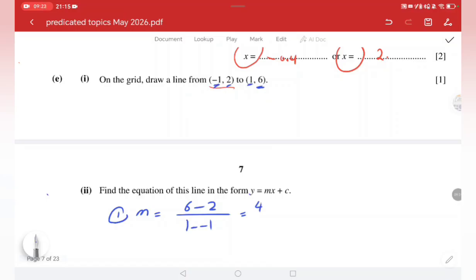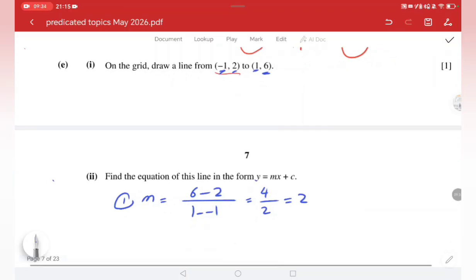So it will be 4 over 2, which is 2. This is m. Next step, y equals 2x plus c. This is the gradient. So substitute a point, this one or that one. Both of them are on the line, so you can use any of them.